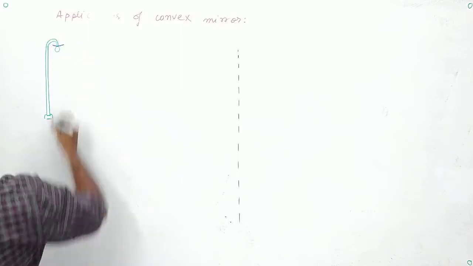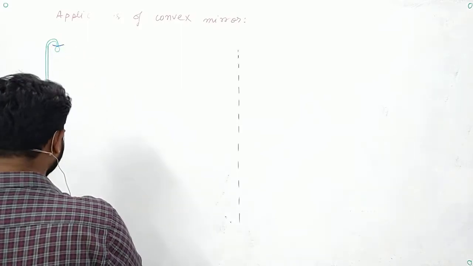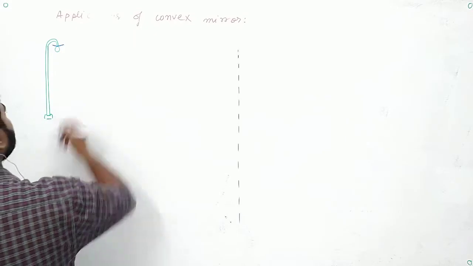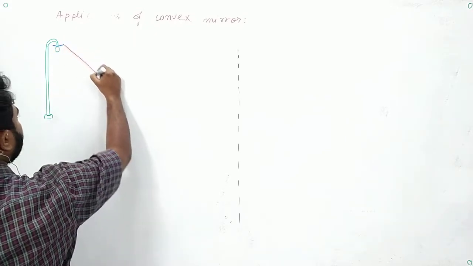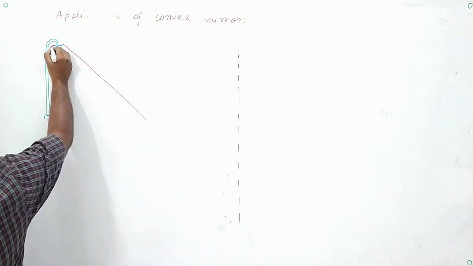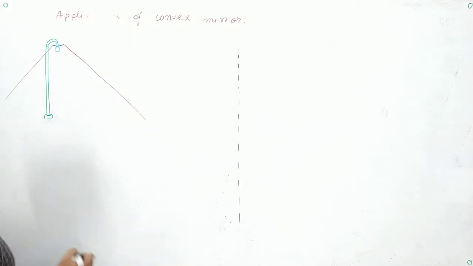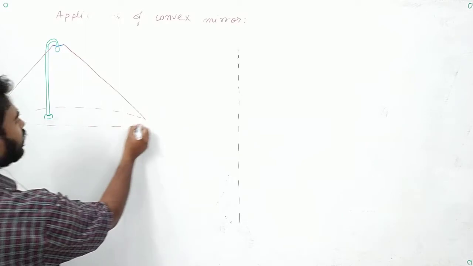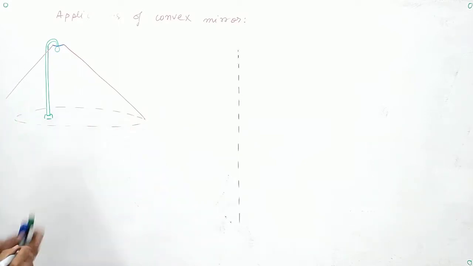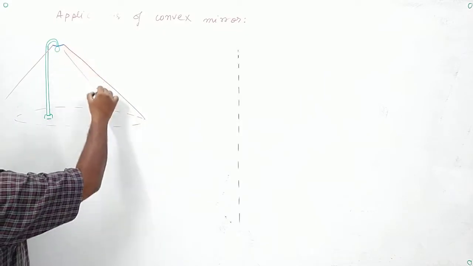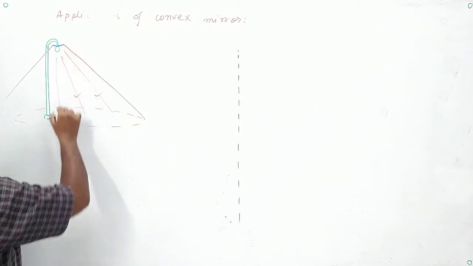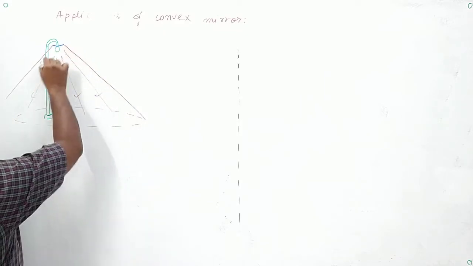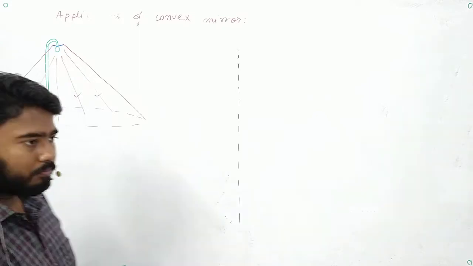You have to attach something here so that the rays after reflection will cover a large area. That means the rays have to diverge. How will you do that?